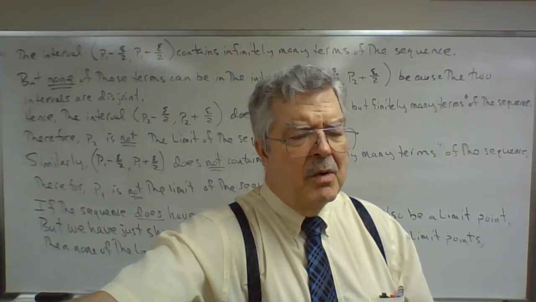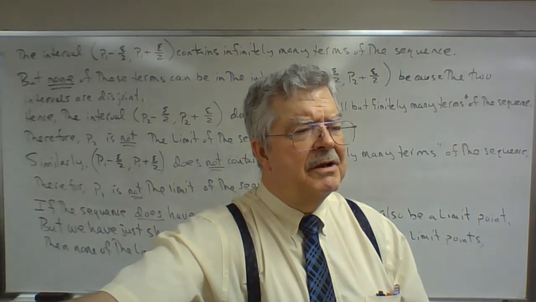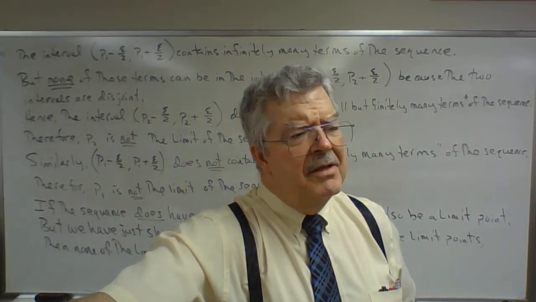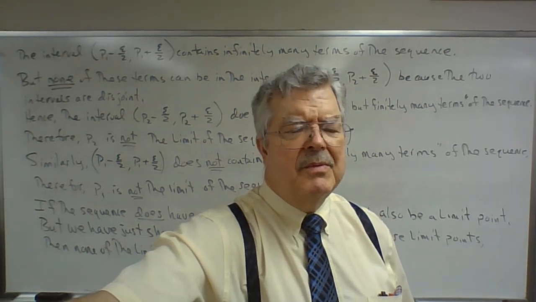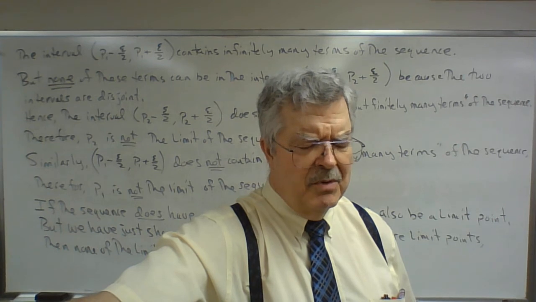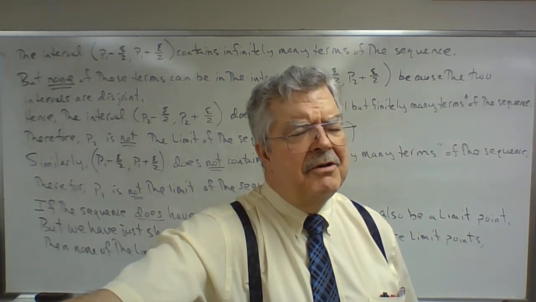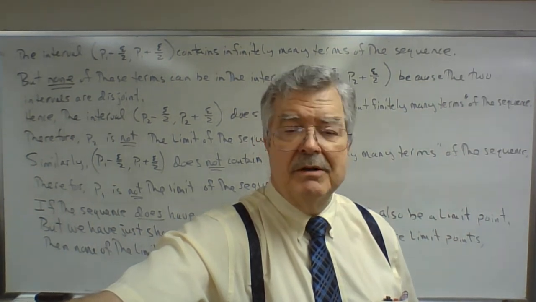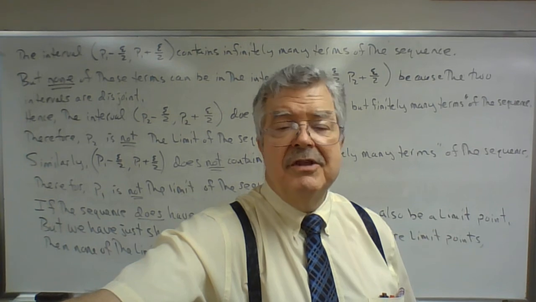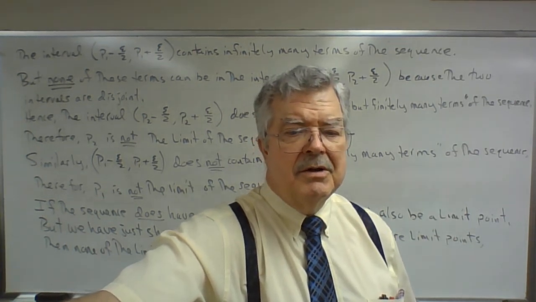There are two ways to go about this to establish it one way or another. We can try to prove that if a sequence has exactly one limit point, then the sequence converges to that limit point. Or we could play devil's advocate and try to create a sequence with exactly one limit point, a sequence that doesn't converge. Could we do that?